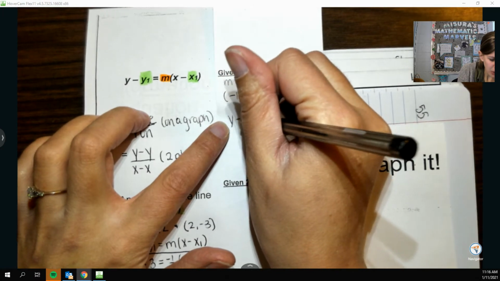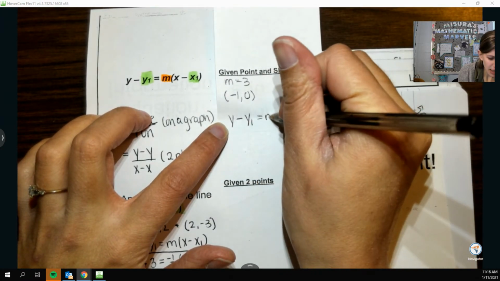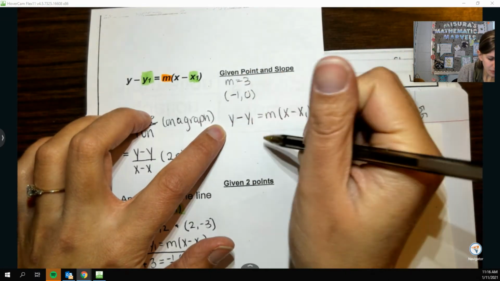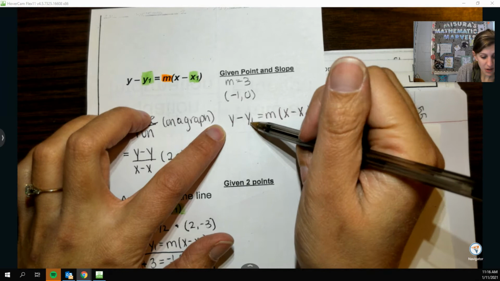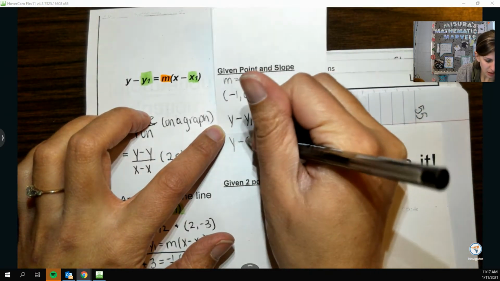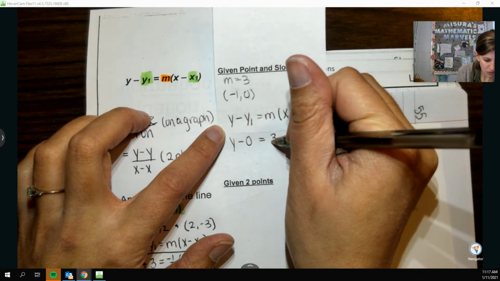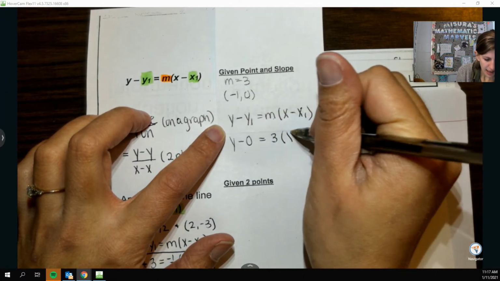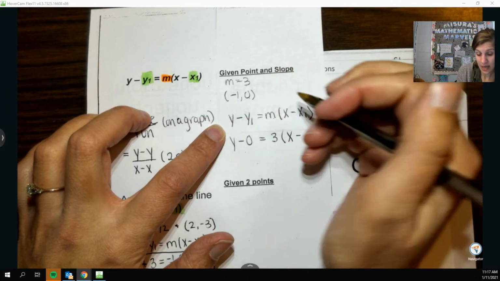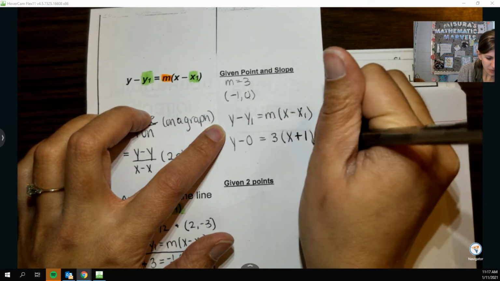So we write our point slope form equation, y minus y1 equals m parenthesis x minus x1. And in place of the y1, we're going to put our y value, which is 0. In place of m, we'll put our slope, which is 3. And then in place of x1, we'll put our x value, which is -1. So it's going to be double negative for a plus.